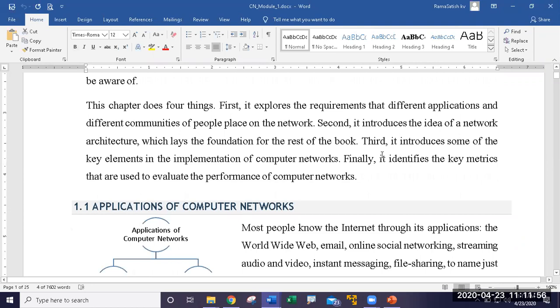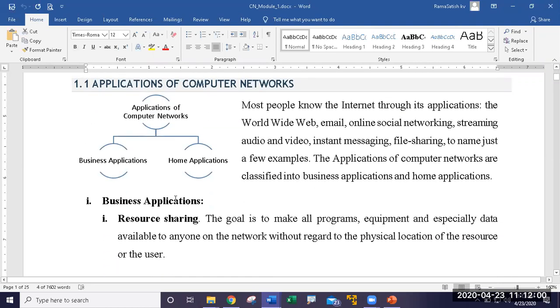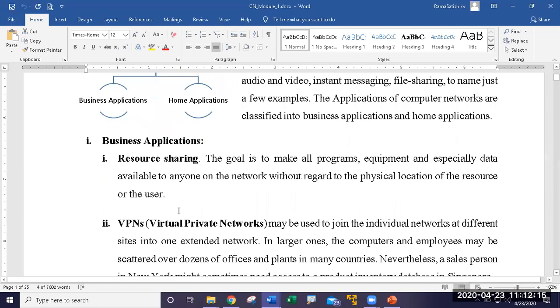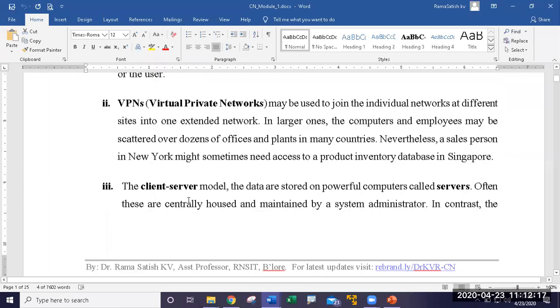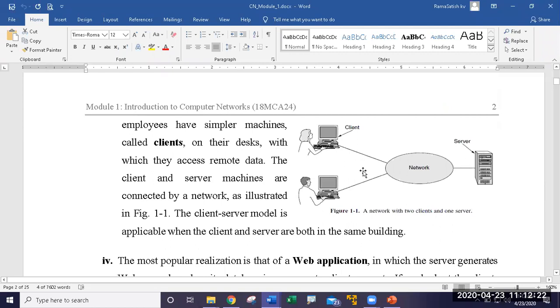Next comes the applications of computer networks: business applications and home applications. When we met in class, we discussed all these things. Business applications are related to resource sharing, virtual private network, and the client server model for most of the transactions.